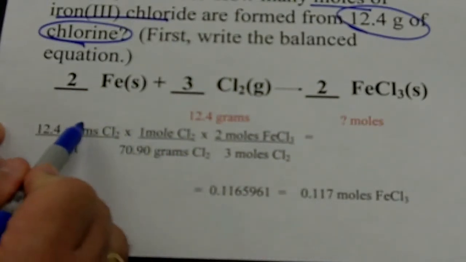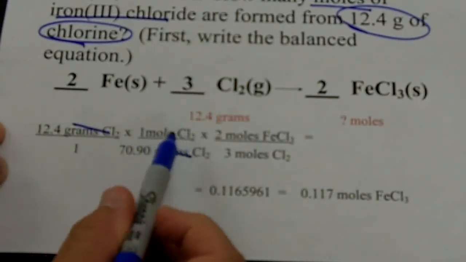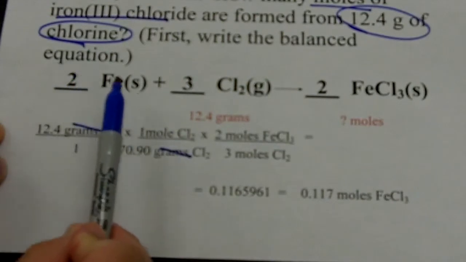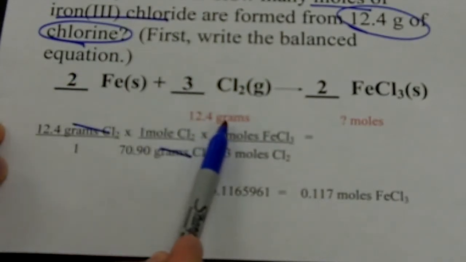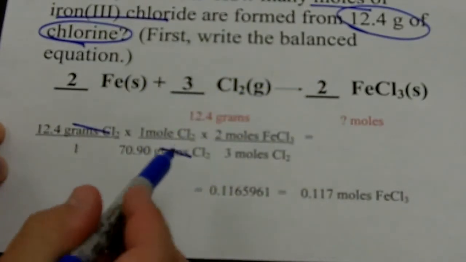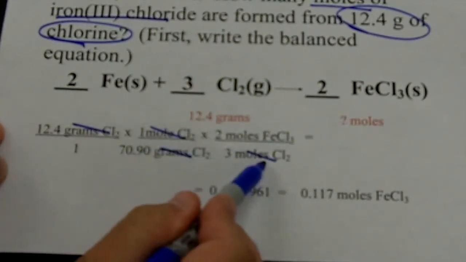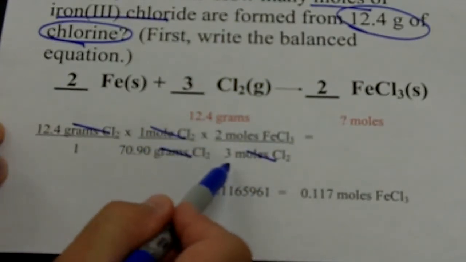That cancels with that, and I'm left with moles of chlorine. I'll ask myself, is that what I'm looking for? No, that's not what I'm looking for. I'm looking for moles of iron chloride, so I'll need another step. So moles of chlorine and moles of chlorine cancel, and I'm doing a mole-to-mole bridge.